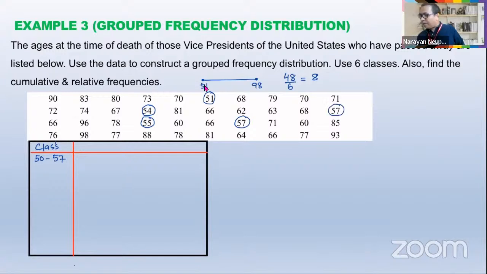What do you see? How many are there? 5 of them. So that is the frequency, 5.